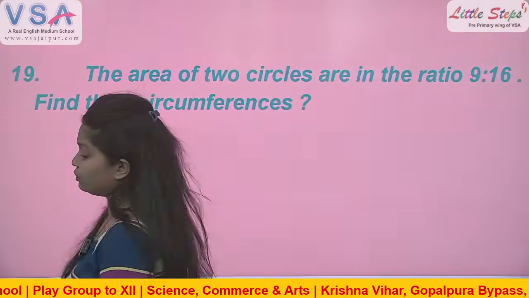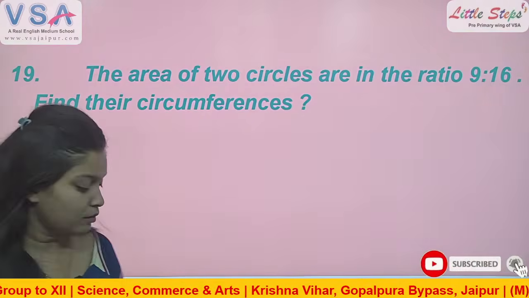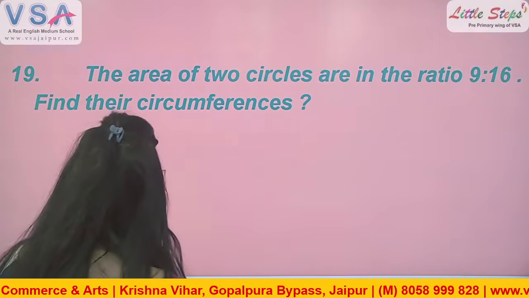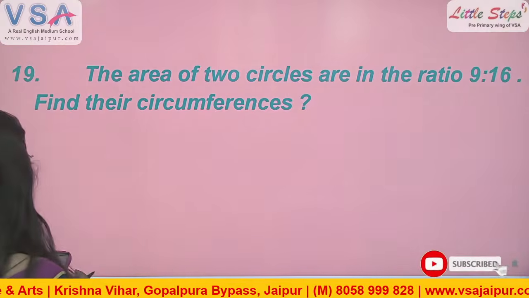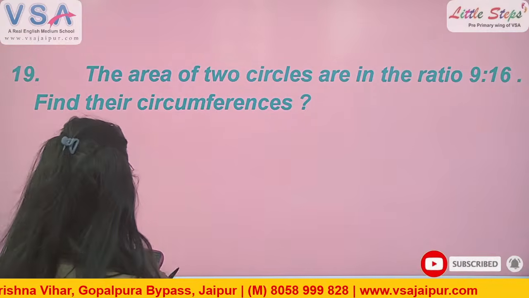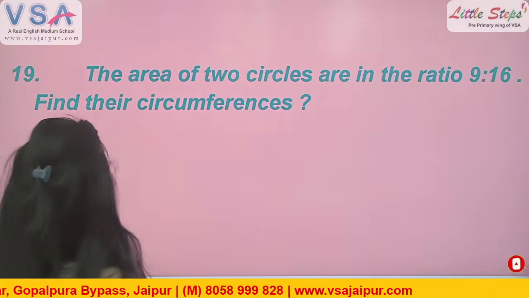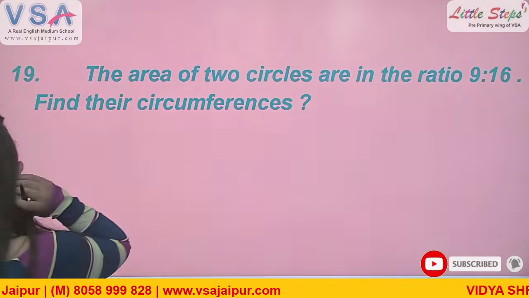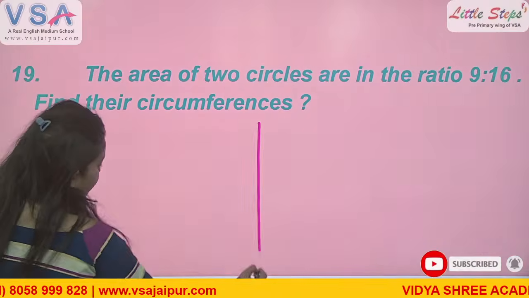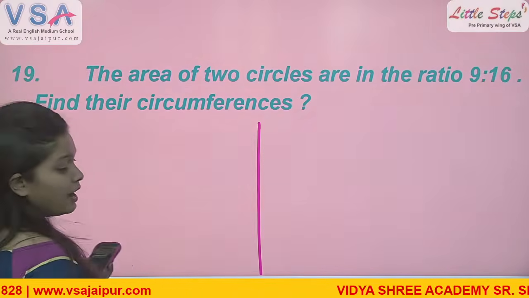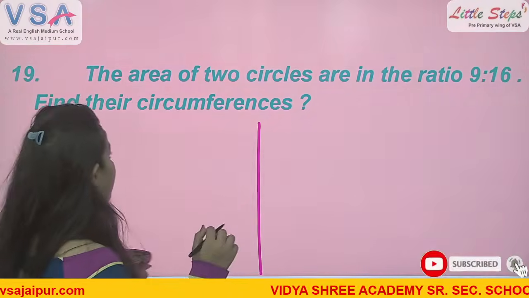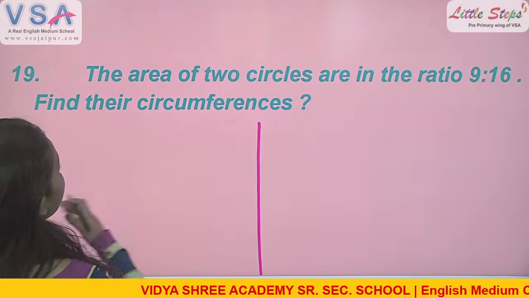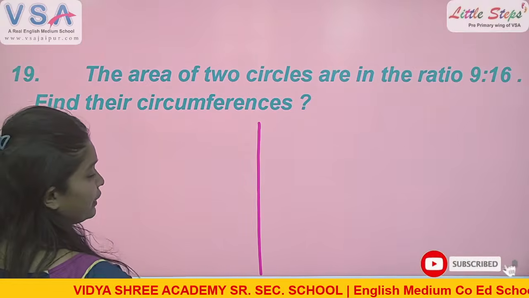Let's move on to next question. What we have? The area of two circles are in the ratio 9:16. Find the circumferences. Okay. So in this case, what we have to do, we have to find out first of all area of circle, and you have to find out circumference.